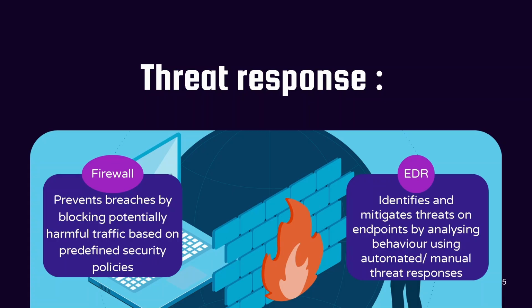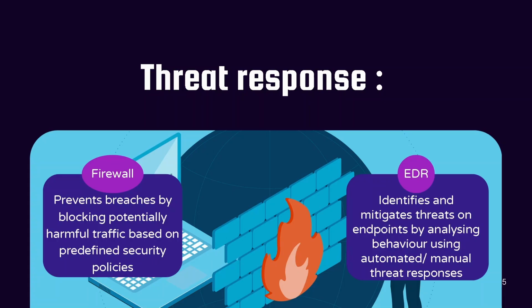What threat response will EDR give? It identifies and mitigates threats on the endpoints by analyzing their behavior using automated or manual threat responses. Now, suppose my computer is hacked and I have EDR installed. First it will identify the threat and then it will try to subdue the threat.